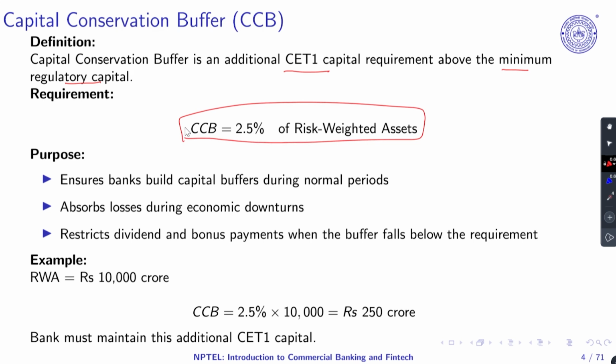For example, if the risk weighted asset is 10,000 crore, then 2.5% of 10,000 crore, which is 250 crore, is going to be the capital conservation buffer, which means that the bank will have to keep 250 crore extra above common equity tier 1 capital. So you can think about this as some kind of extra cushioning that Basel III promises.